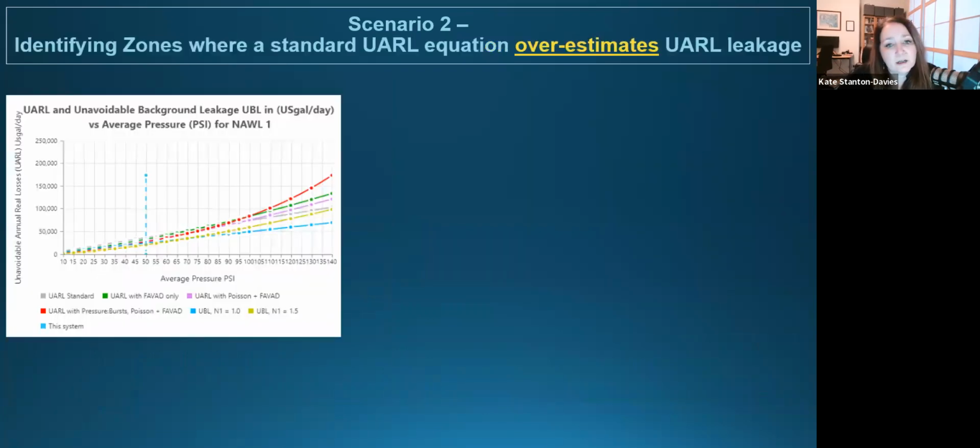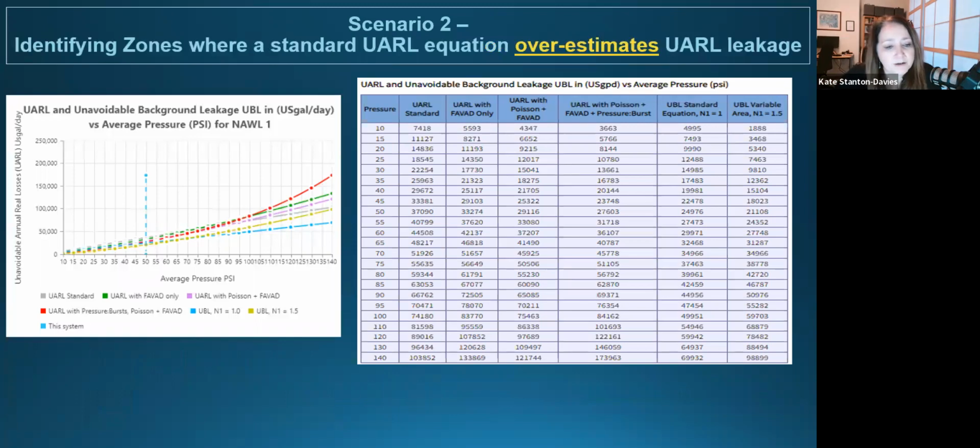This table and graph also come from the software. The graph on the left-hand side plots UARL volumes in US gallons per day on the y-axis against average pressure in PSI on the x-axis.